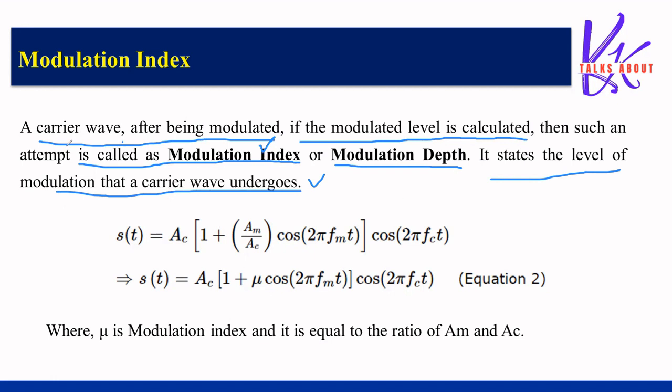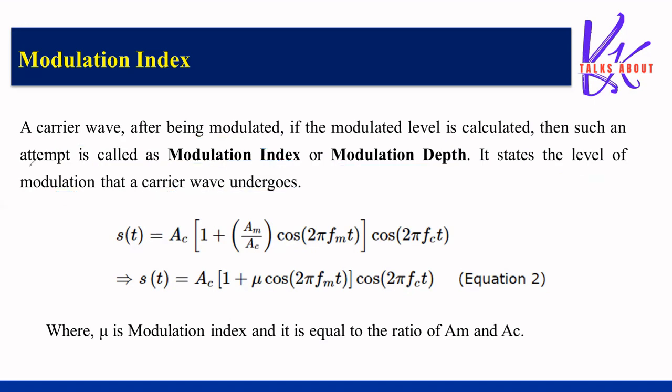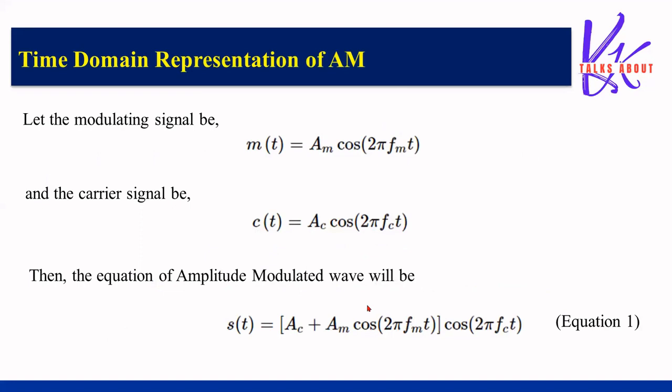As we have seen in the previous slide, we have given the equation, that is s of t equals Ac plus Am cos of 2 pi fmt into cos 2 pi fct.